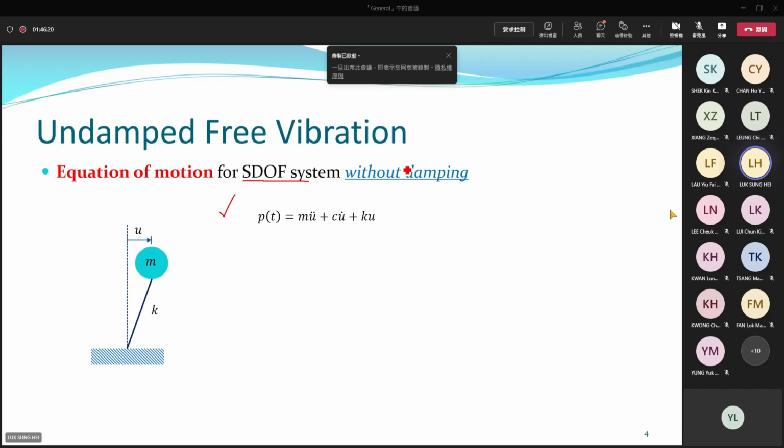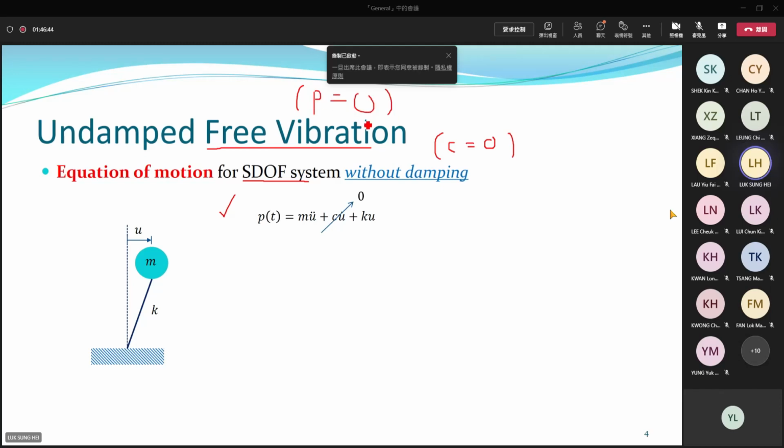If there is no damping, it means C equal to 0. Without damping means there is no C, right? C is equal to 0. So the middle term disappears. If you consider free vibrations, that gives you another condition, P equal to 0.